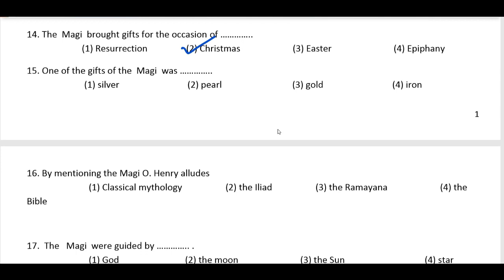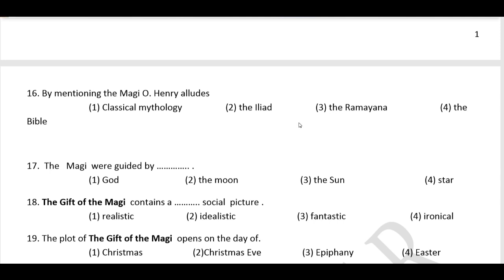Then 15. One of the gifts of the Magi was. So, as I have already told you, the 3 gifts were gold, frankincense and myrrh. So, the right option is gold. Okay. Then 16. By mentioning the Magi, O. Henry alludes, the verb form of allusion.